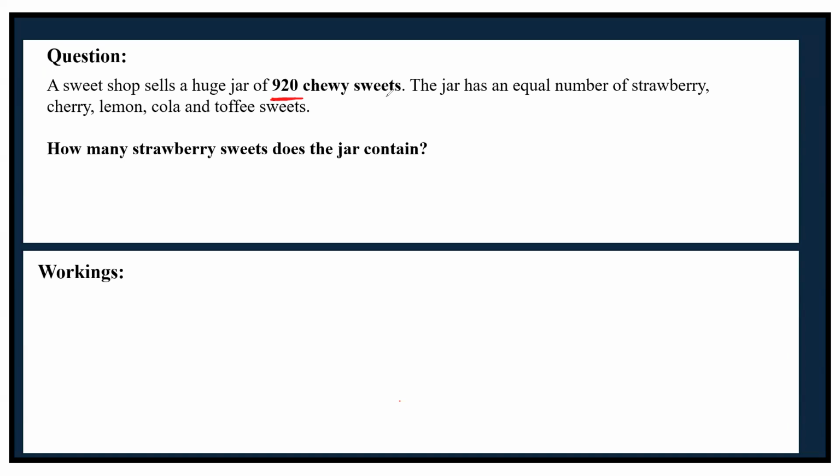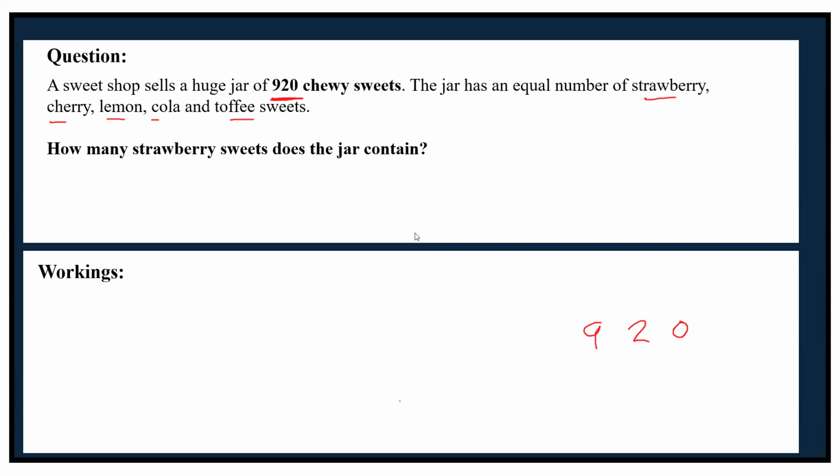In order to find the strawberry, you have to see how many there are: 1 is strawberry, 2 is cherry, 3 is lemon, 4 is Coca-Cola, and 5 is toffee. So 920 divided by 5 is going to be 184. Awesome, well done. Good explanation here, Himani.